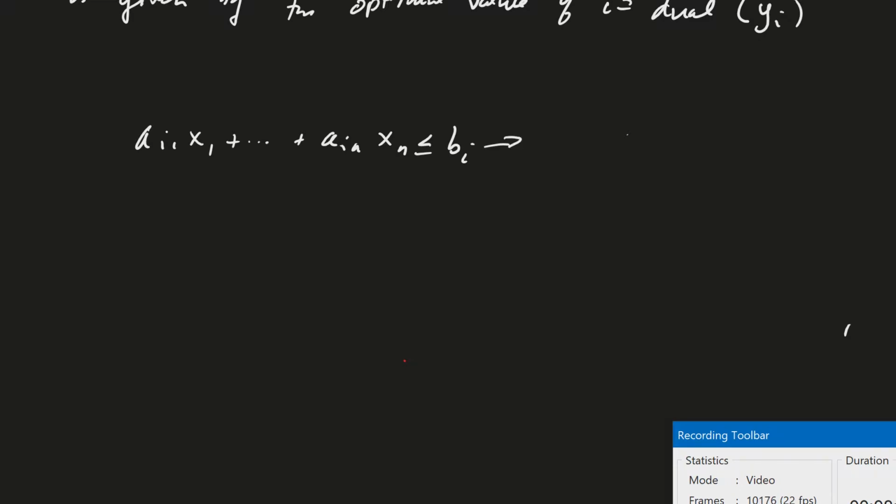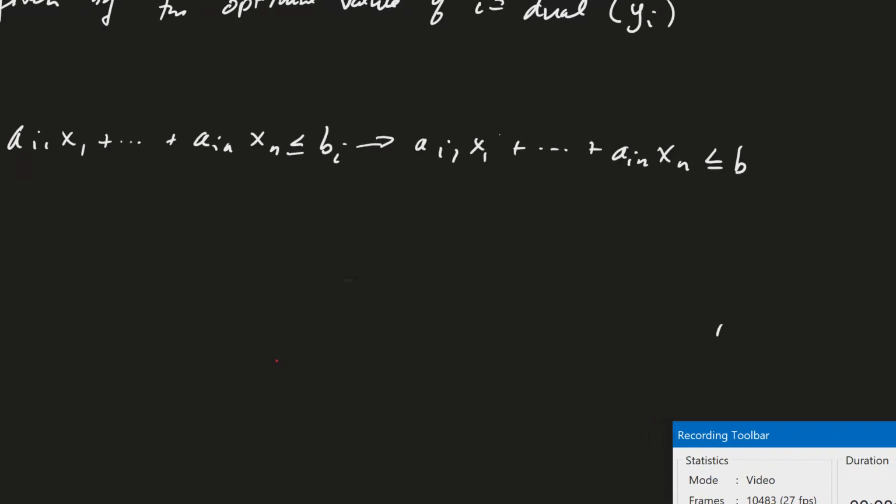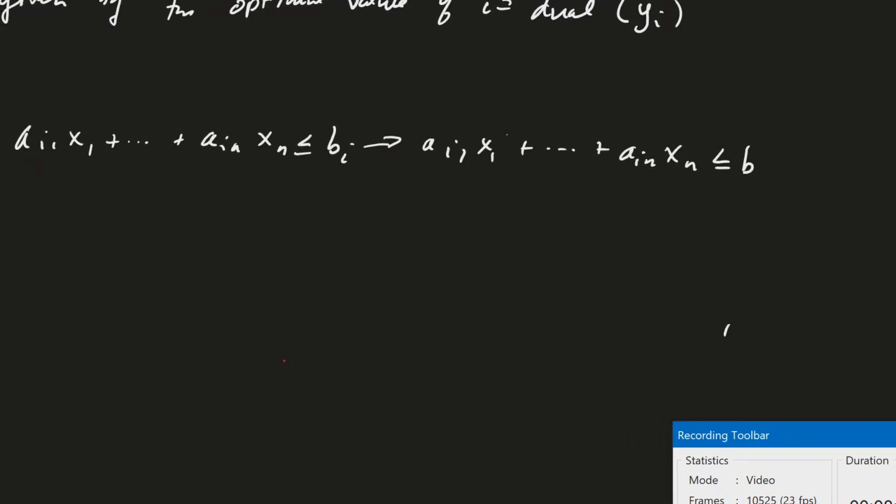And I rewrite that to be ai1 x1 plus ... plus ain xn less than or equal to bi plus 1. Now, what I'd like for you to do is compare the domain that's defined by this half plane with this half plane.